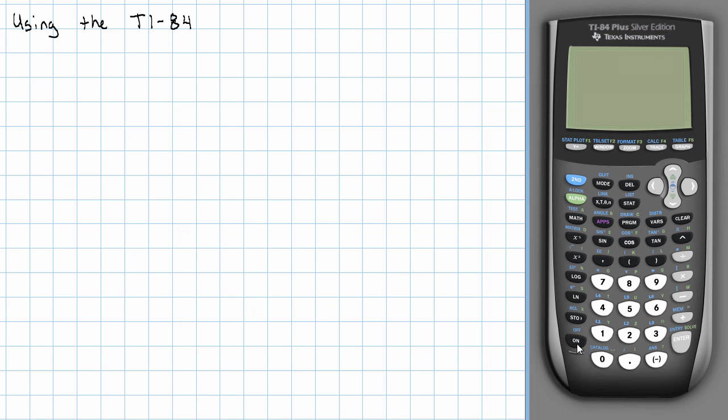So if you look in the bottom left corner, there's the on button. And if you look carefully at the on button, you'll see that in little blue letters above on, it also has the word off. The little blue letters above any key on this calculator are the second function.